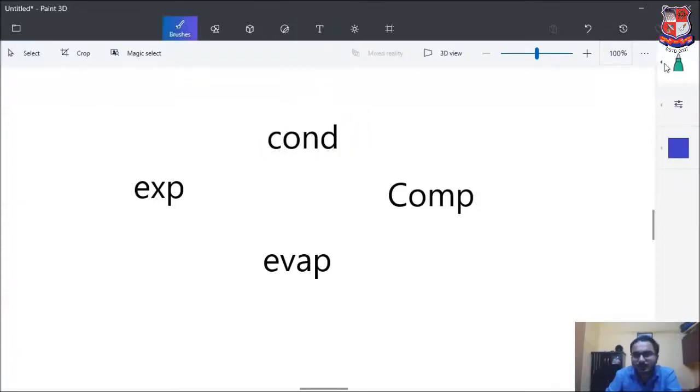And the direction of the flow is anti-clockwise. So what does flash mean?